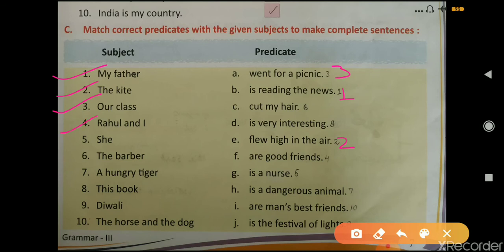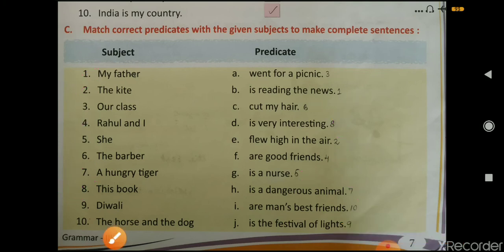Rahul and I are good friends. So write here four. She is a nurse. So write here five. The barber cut my hair. So write here six. A hungry tiger is a dangerous animal. Write here seven. This book is very interesting. So eight, Diwali is the festival of light. The horse and the dog are men's best friends. Okay, so this is tenth.